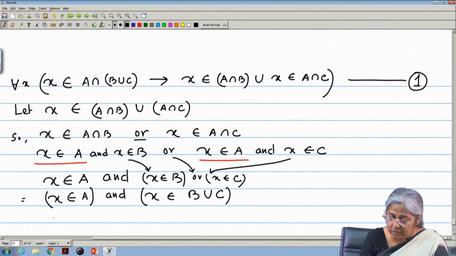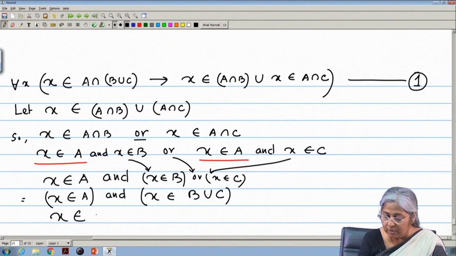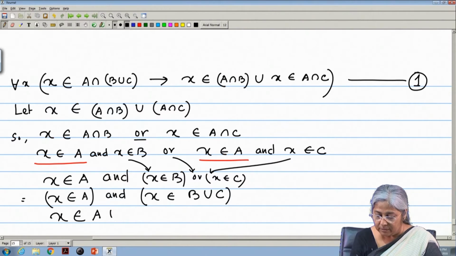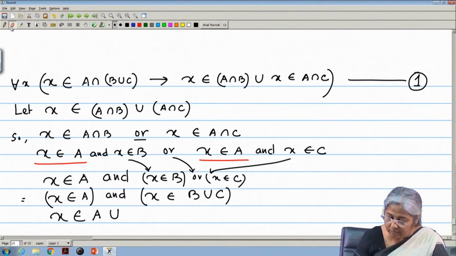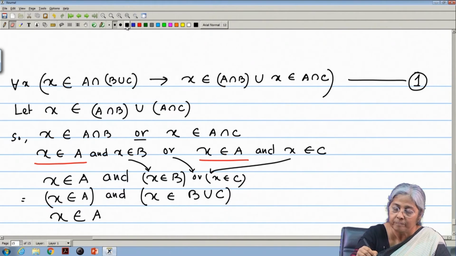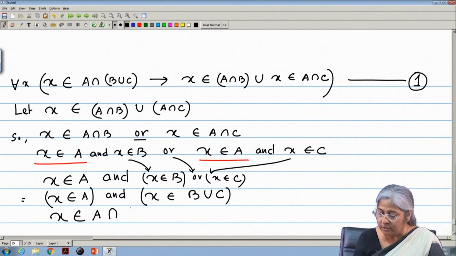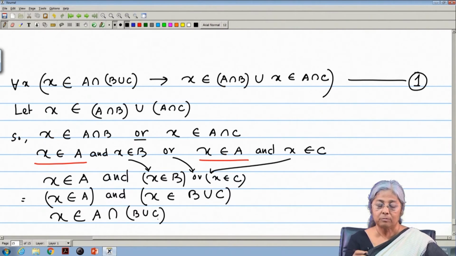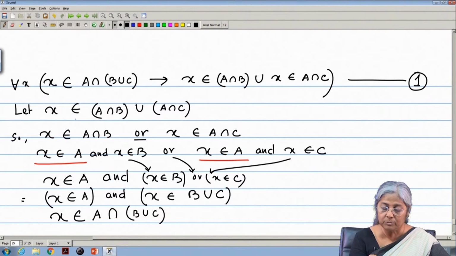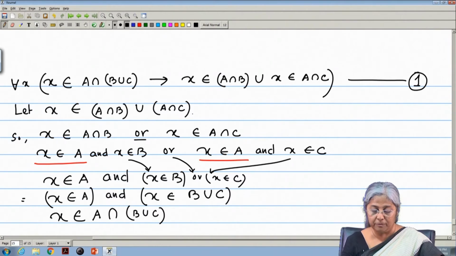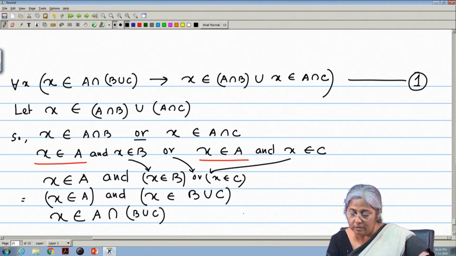So, this is the same as x belongs to A intersection B union C. What we have assumed is that x belongs to this set and we infer that it implies this.